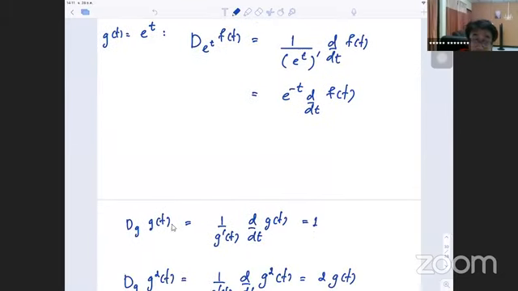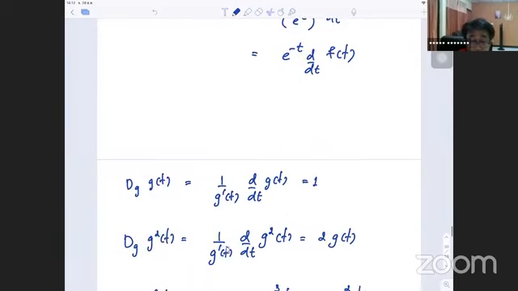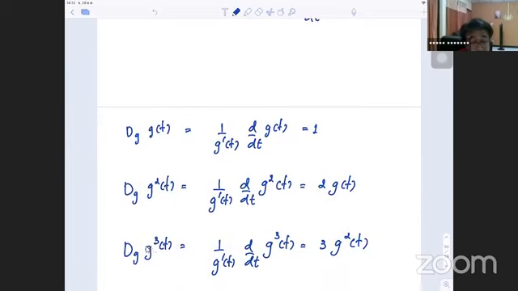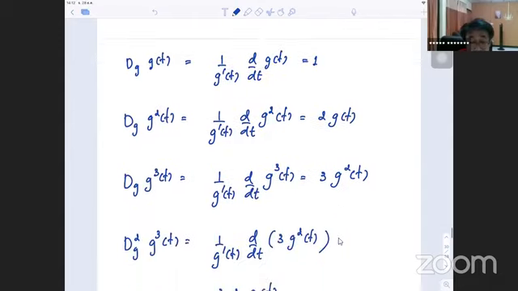And observe that D_g of g equal to 1, D_g square equal to 2g, the third derivative equal to this.